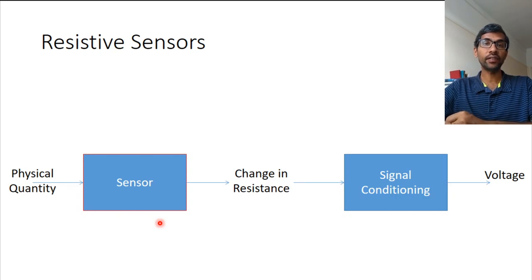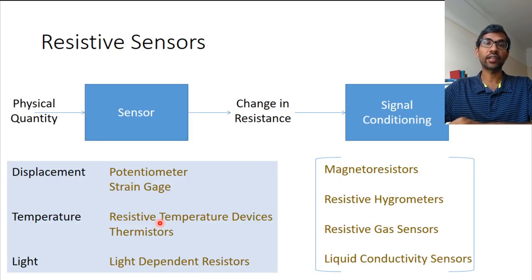Now, there are many different kinds of resistive sensors that are available in the market. You can have resistive sensors that measure displacement, like potentiometers and strain gauges would be examples of that. We would look at both these sensors in the next few lectures. You can have resistive sensors that respond to temperature.